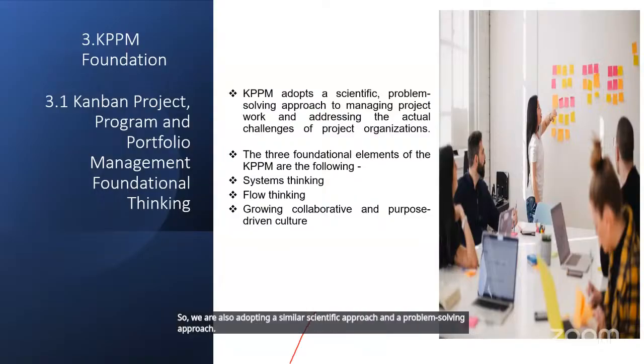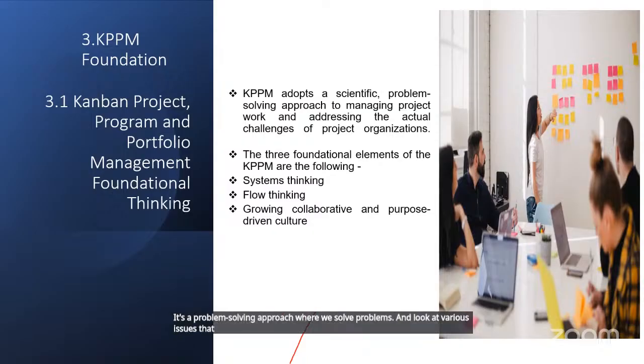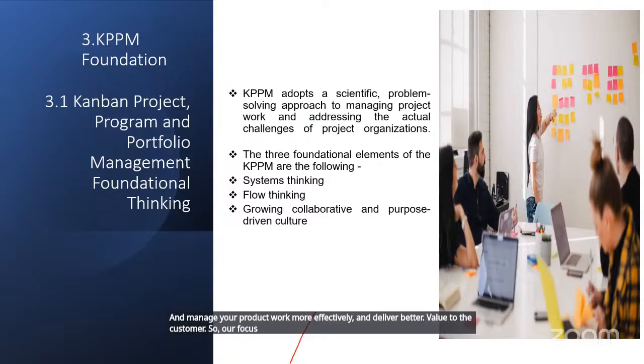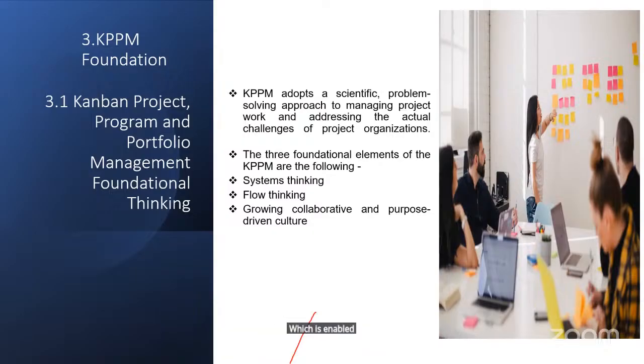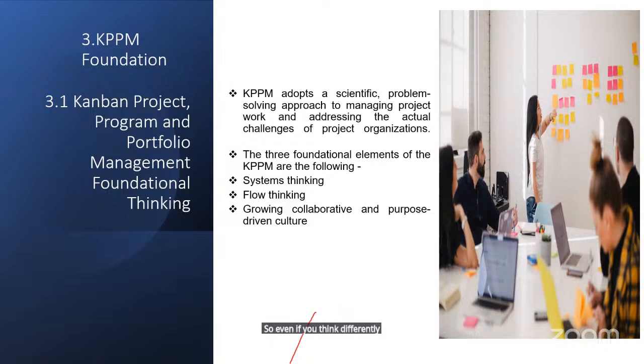It's a problem-solving approach where we solve problems and look at various issues that we have in our project and manage our project work more effectively and deliver better value to the customer. So our focus is on adopting a scientific problem-solving approach, which is enabled by KPPM. So that helps you to cut down the bias, because I think differently, you think differently, somebody else thinks differently. So even if you think differently, it's okay, it's good.